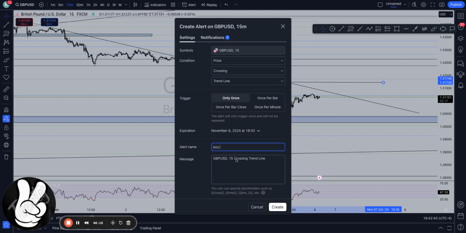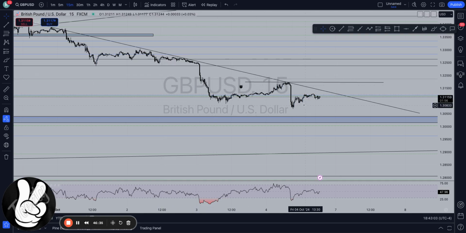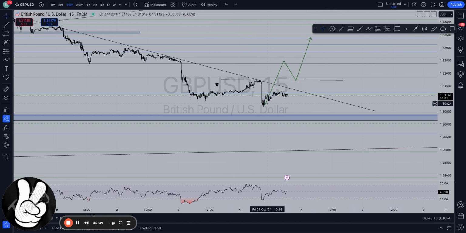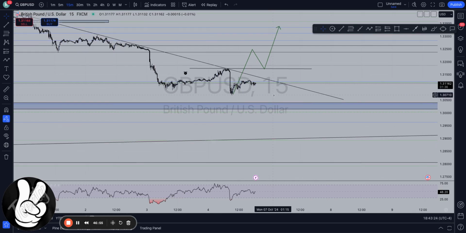Sure, 15 minutes, once per bar close. I want to see it break this with a brand new impulse, come back to retest, and then continue going up, something like this. And then if it continues to make lower lows and lower highs, then we could wait for this to break and then watch it from there.